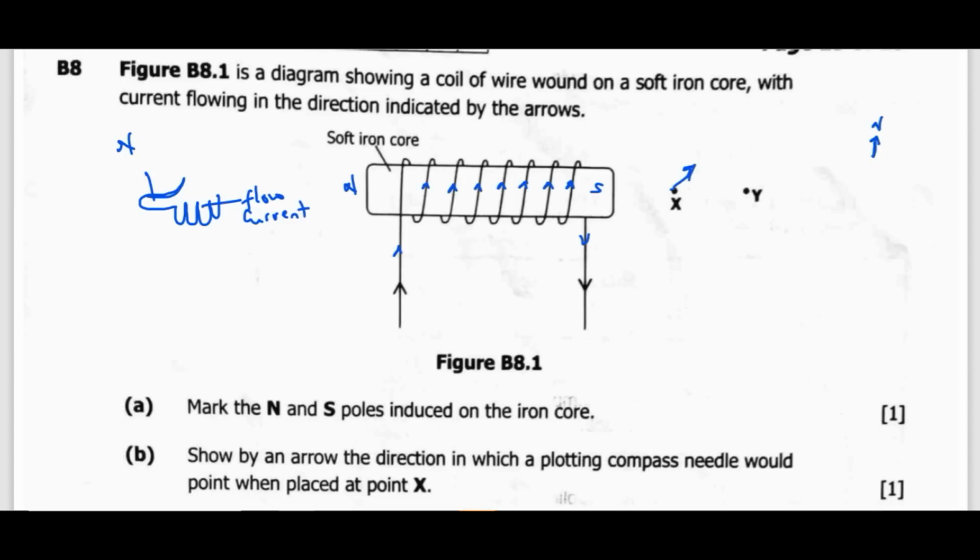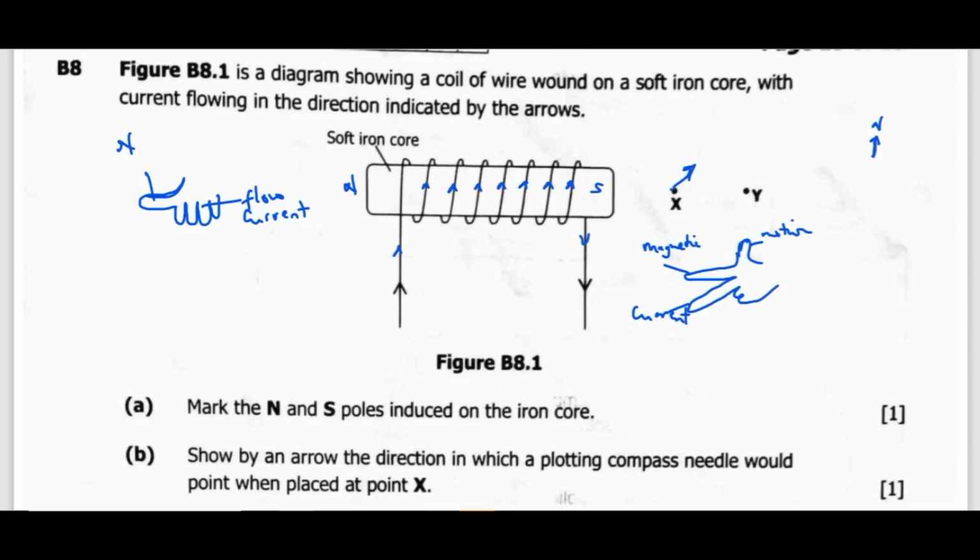So with the hand rule, we have a thumb, which we would say is the motion, and then here the magnetic field, and then here the current.